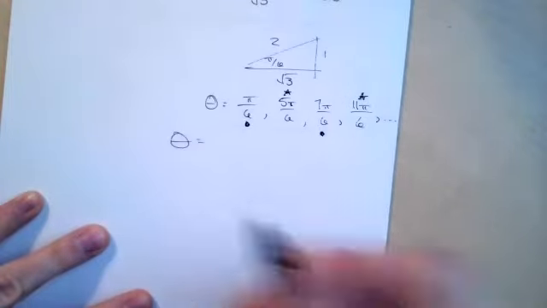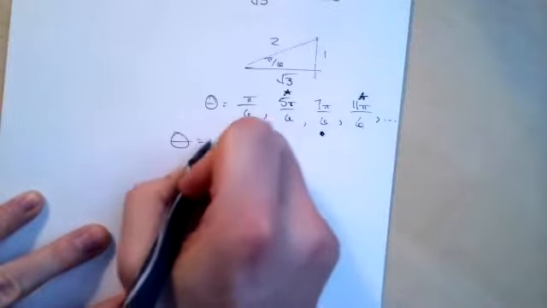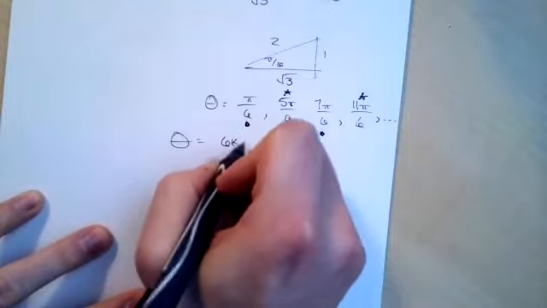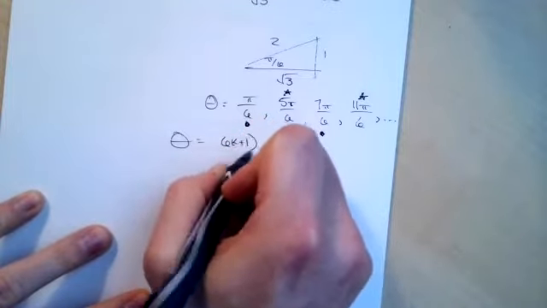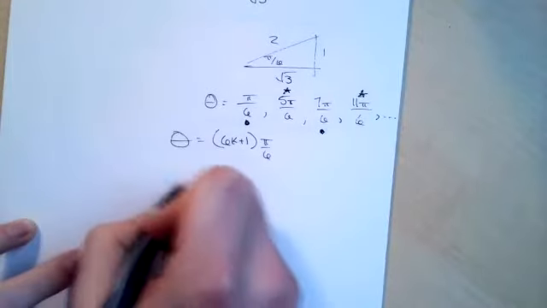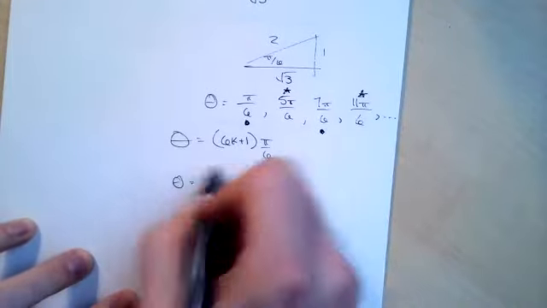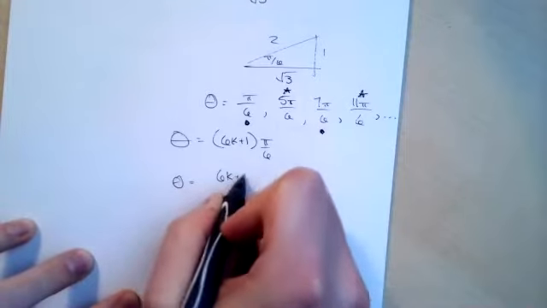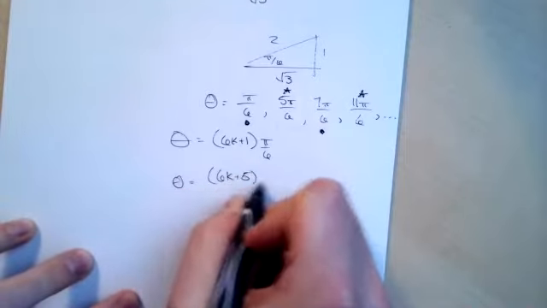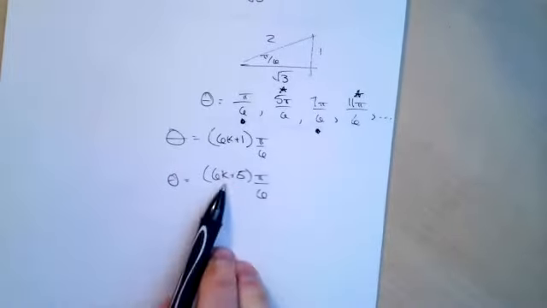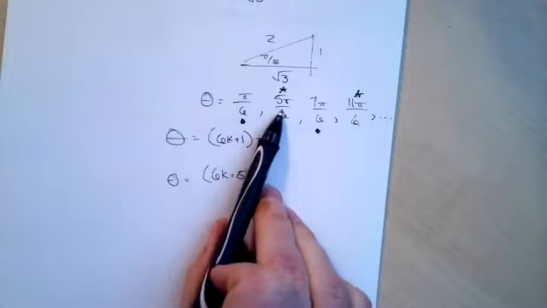Those increase by 6 each time. So we're going to have 6k plus 1 times pi over 6. And then the other sequence is going to be 6k plus 5 times pi over 6. So here when k is 0, that'll give us our 5.